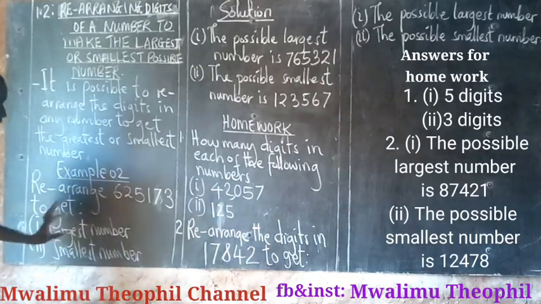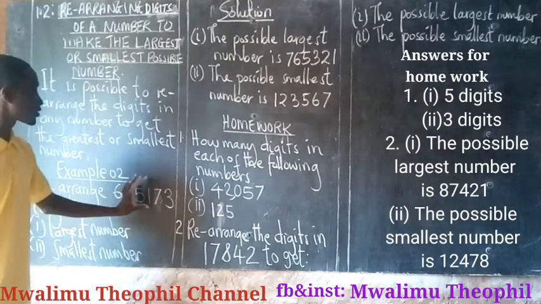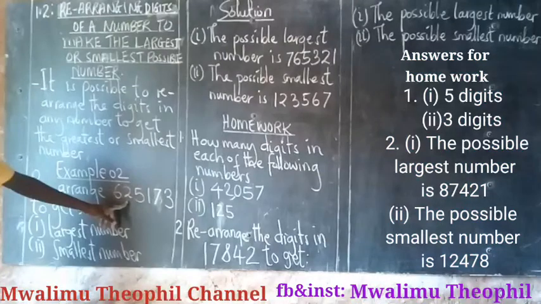To get the largest number, you start with the largest digit to the smallest. Here, we will start with 7, followed by 6, 5, 3, 2, and the last will be 1, read as 765,321.